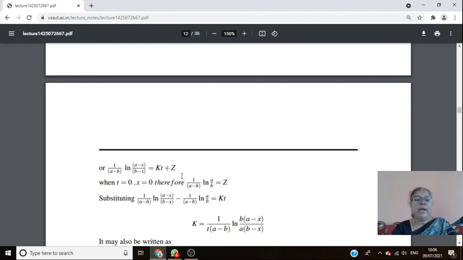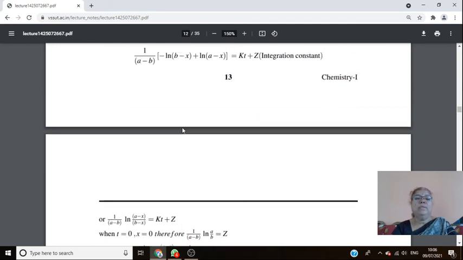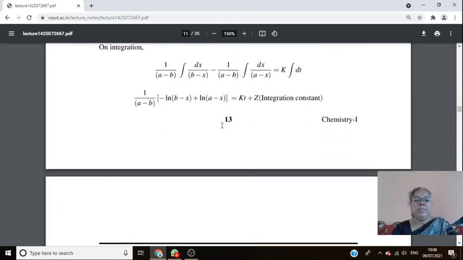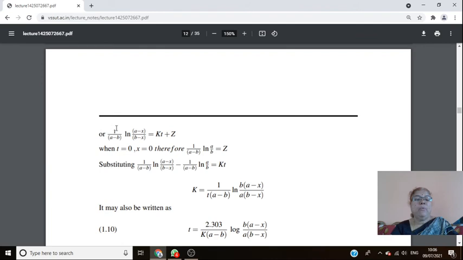This is the final integration of this term. Remember, the integration of dx upon (A minus x) into (B minus x) equal to integration of k into dt. Simply remember this last term, 1 upon (A minus B) into ln of (A minus x) upon (B minus x) equal to kt plus z, that is the integration constant.